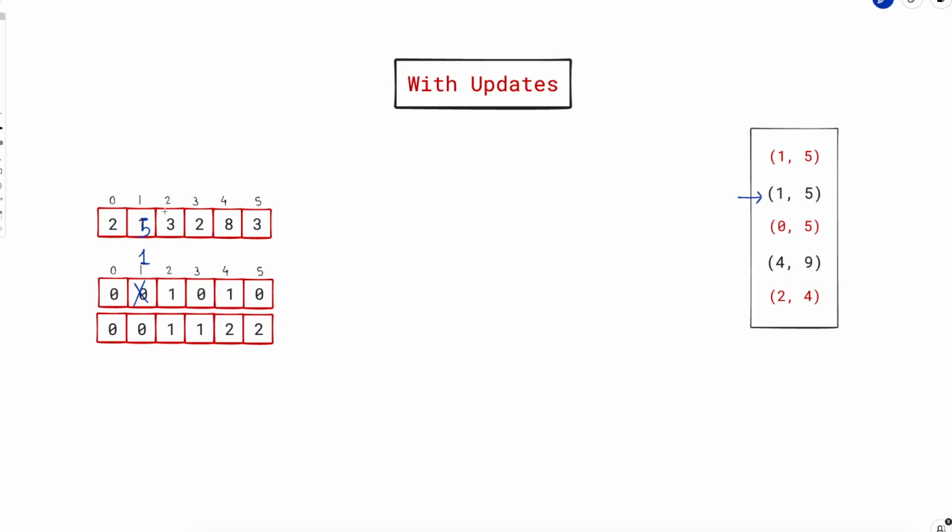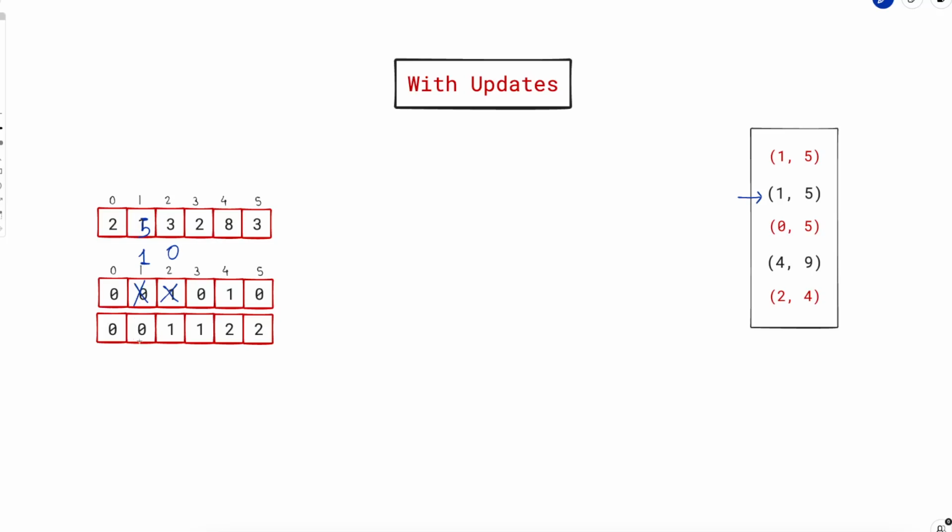Similarly, this one is now not a peak element. Previously it was, but now it is not. So this one is also changed to 0, right? Now because of this, what happens with your prefix sum? Prefix sum will change as well, and this can change drastically. How?